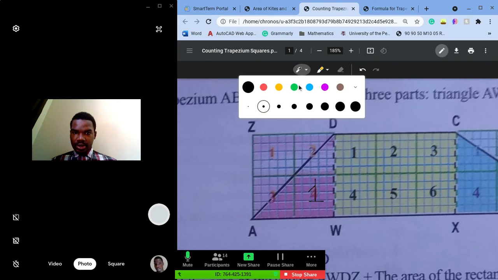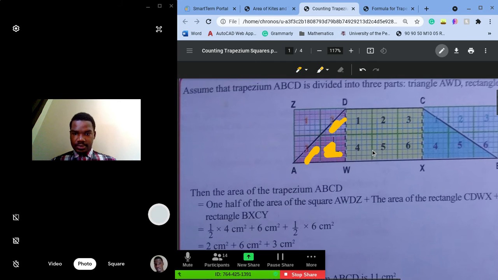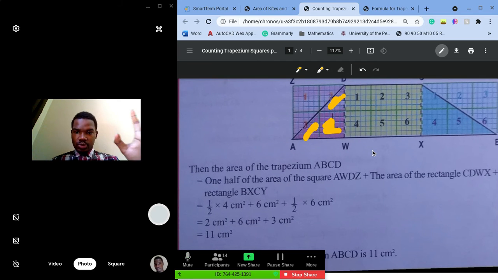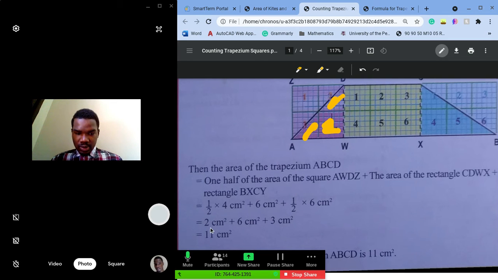This would have been the first square. But then the second square comes from this section plus this section. Does everybody see that? So that gives you 2. Good. So that's where we get the 2 from.